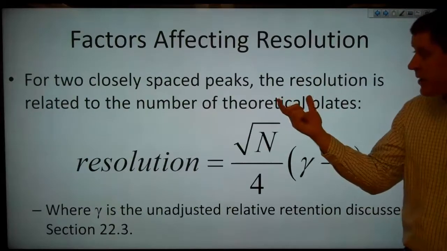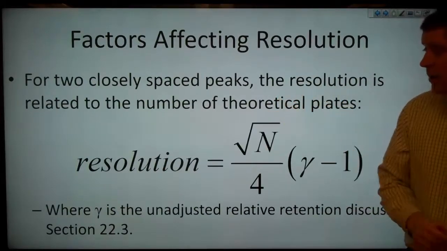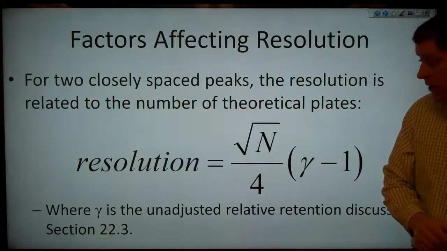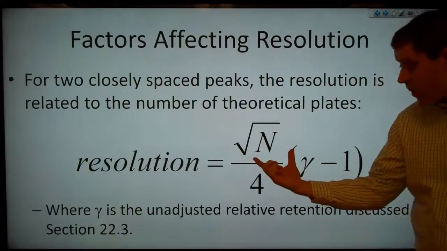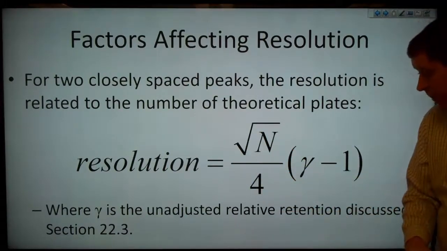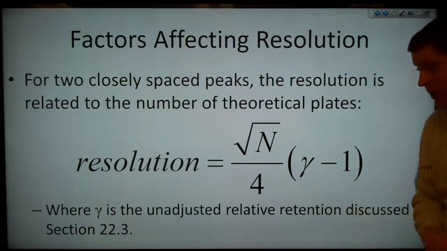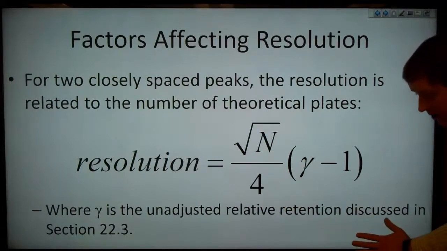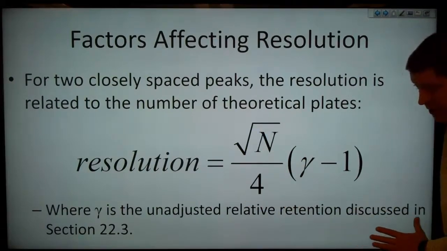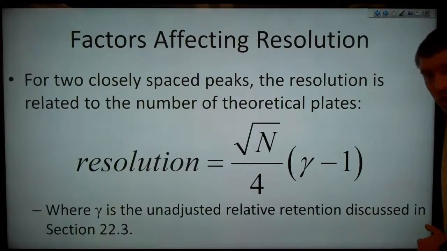For two closely spaced peaks, the resolution is related to the number of theoretical plates. So the resolution is equal to the square root of N divided by 4 times gamma minus 1 over gamma, where gamma is the unadjusted relative retention that was discussed in section 22.3.